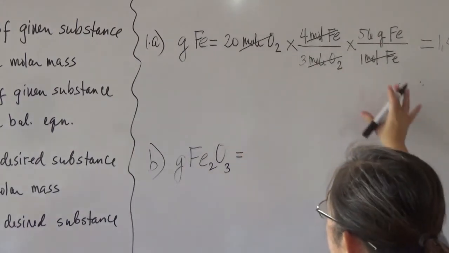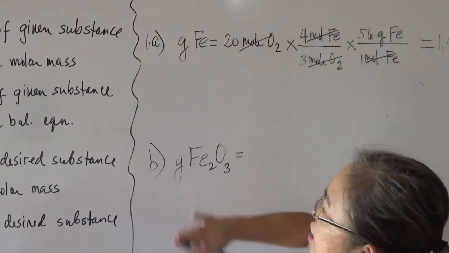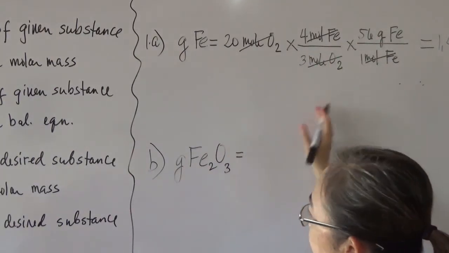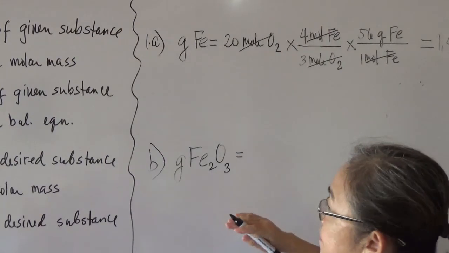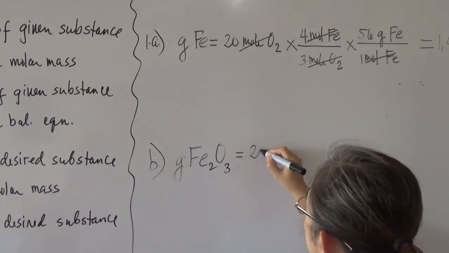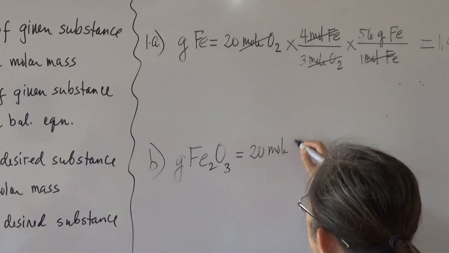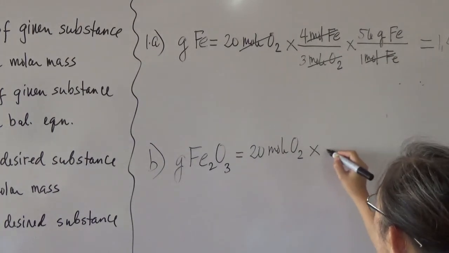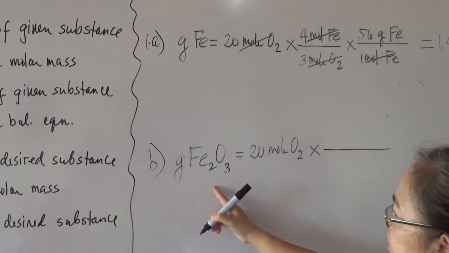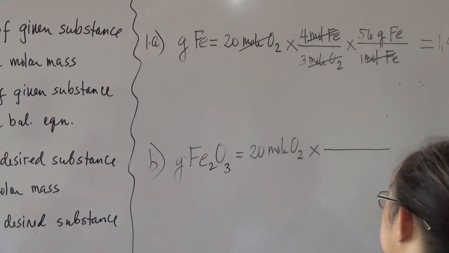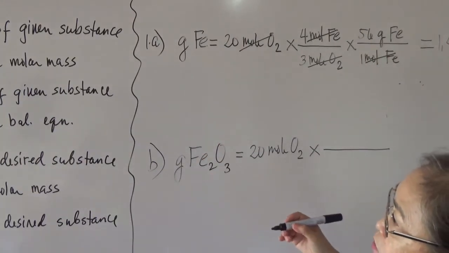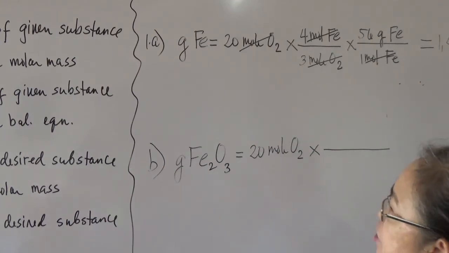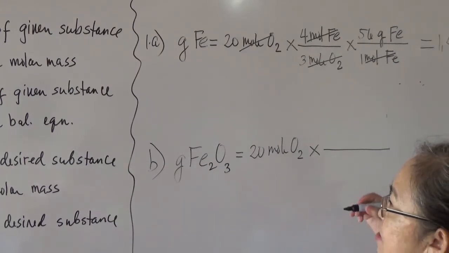So same steps. Instead of iron, you will be solving for ferric oxide. So you can start with 20 moles of oxygen because that is the given, and convert this one to moles of the desired substance. The desired substance is ferric oxide. So what is the ratio between oxygen and ferric oxide? That is 3:2.